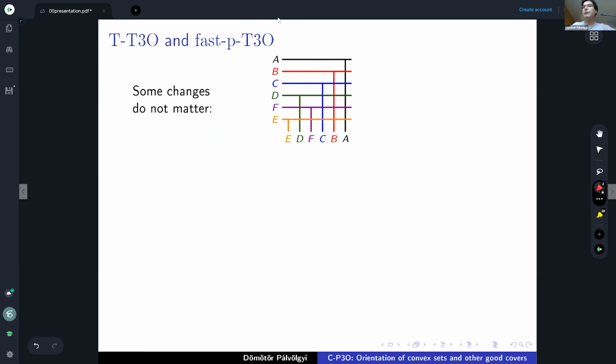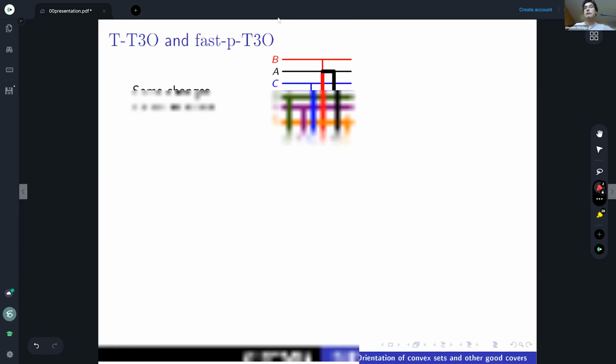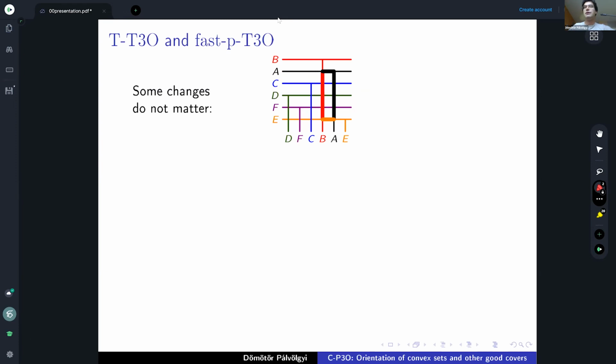If you look, for example, here we had D, E, F in this order. And if I swap these, still you have D, E, F in this order. So as I said, if you swap the bottom one with anyone, then you get the same T3O. And also if you swap the top two ones, even then you get the same thing.